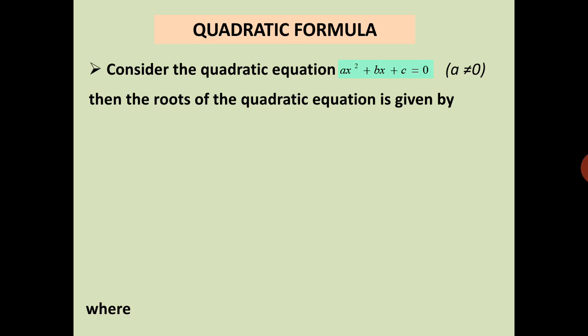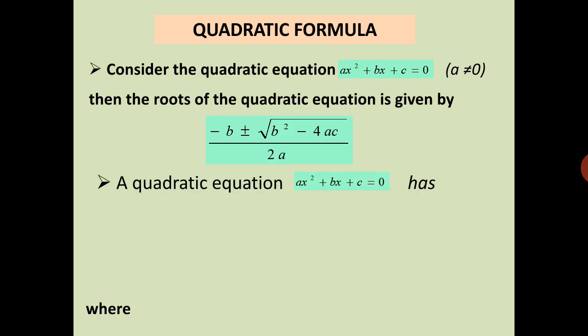Then the roots of the given equation are given by minus b plus minus root of b square minus 4ac, whole upon 2a. Now this itself is the formula, and you have to just substitute the values and get the answer.